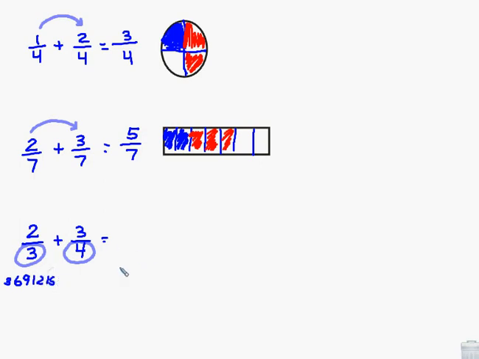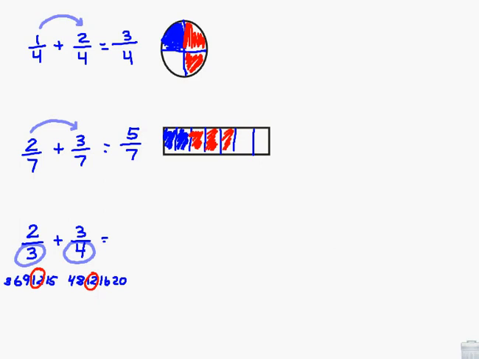If we listed the multiples of 4, we would have 4, 8, 12, 16, 20. Do you see which one they have in common? Hopefully you found it too. 12. 12 is a multiple that they have in common.